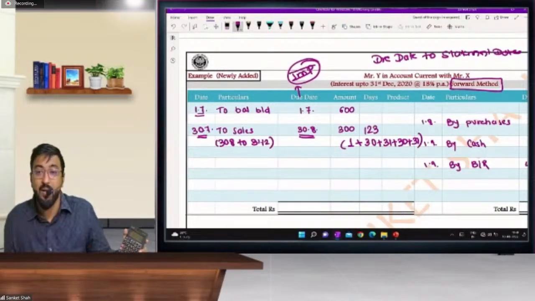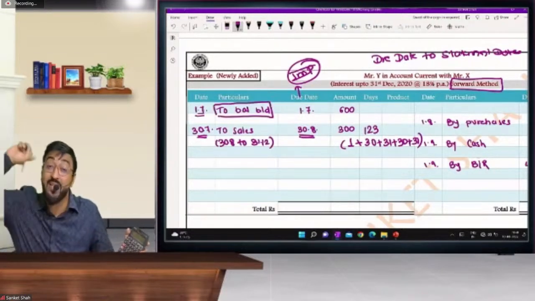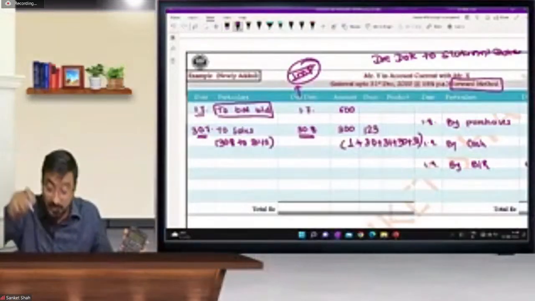But beta, when you are calculating for 1st July, to balance brought down means the transaction already happened in the last year. So you will consider the first day also.